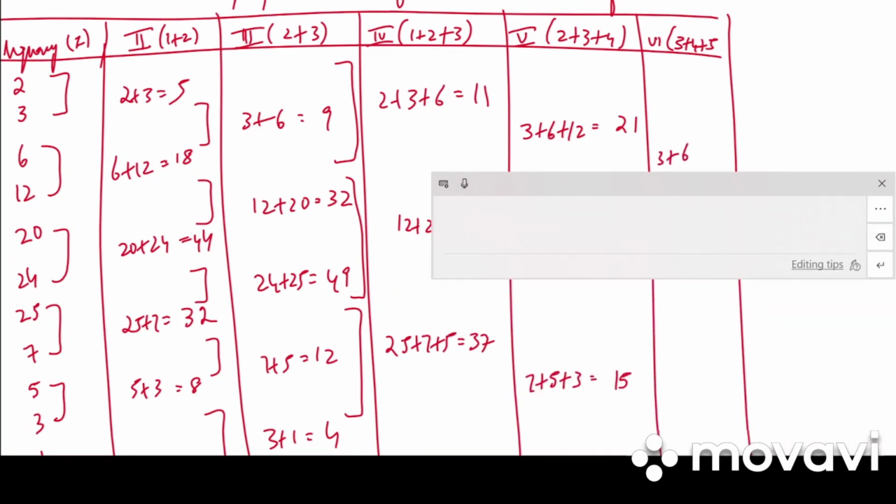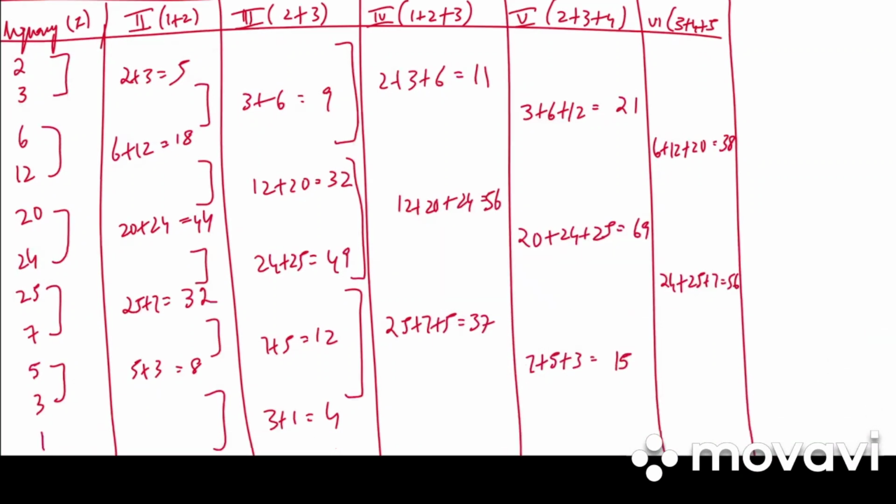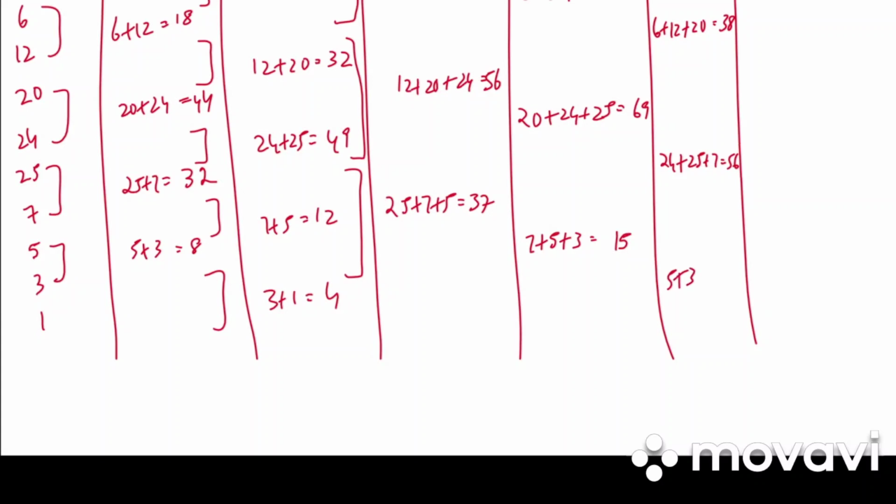So it is 6 plus 12 plus 20, that is 38. 24 plus 25 plus 7, 56. 5 plus 3 plus 1, that is 9.